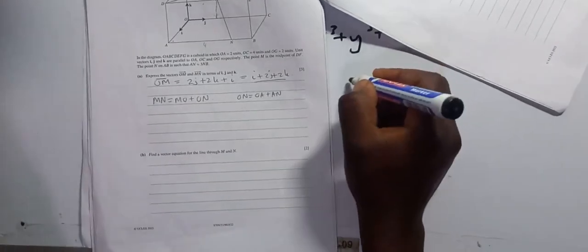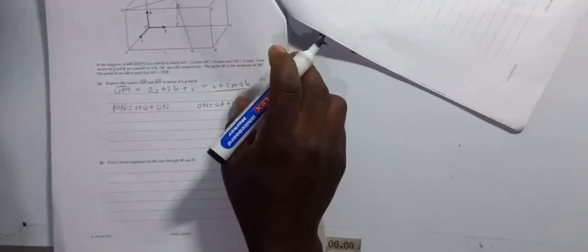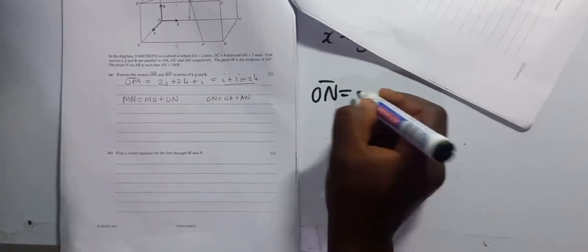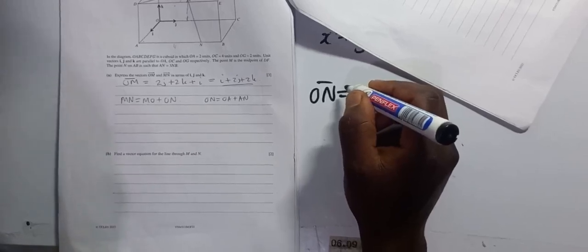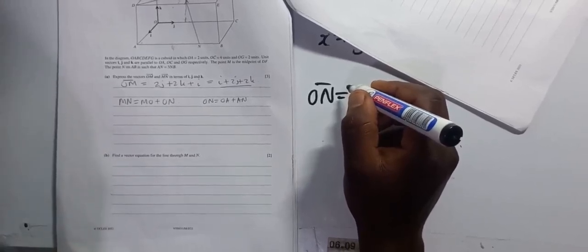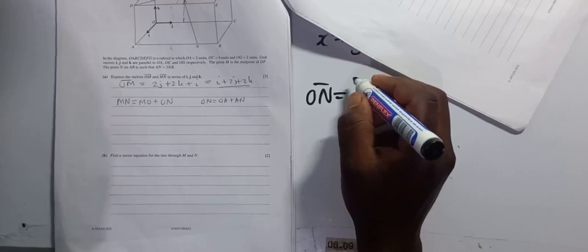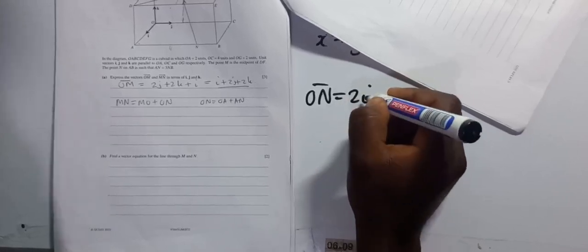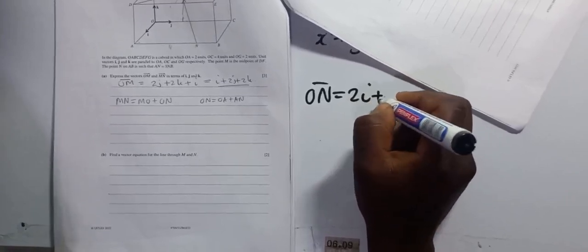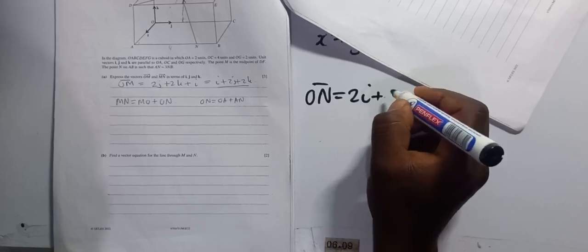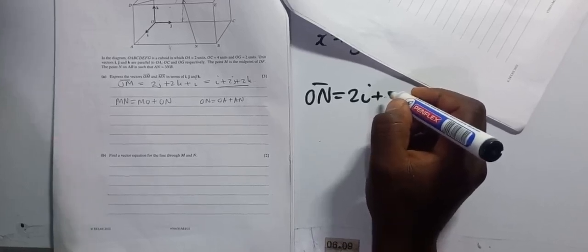ON equals OA plus AN. OA is 2, so it's 2I. We know that AN equals 3NB.